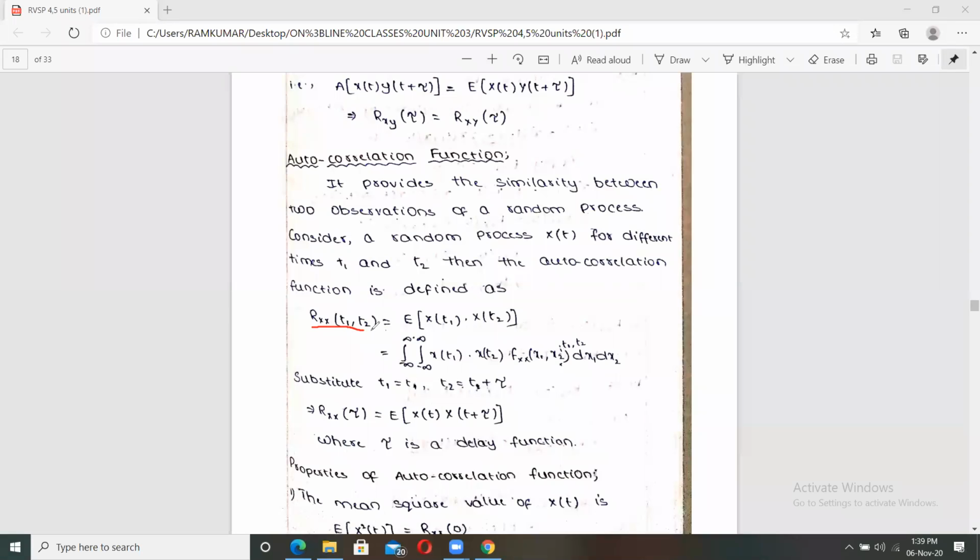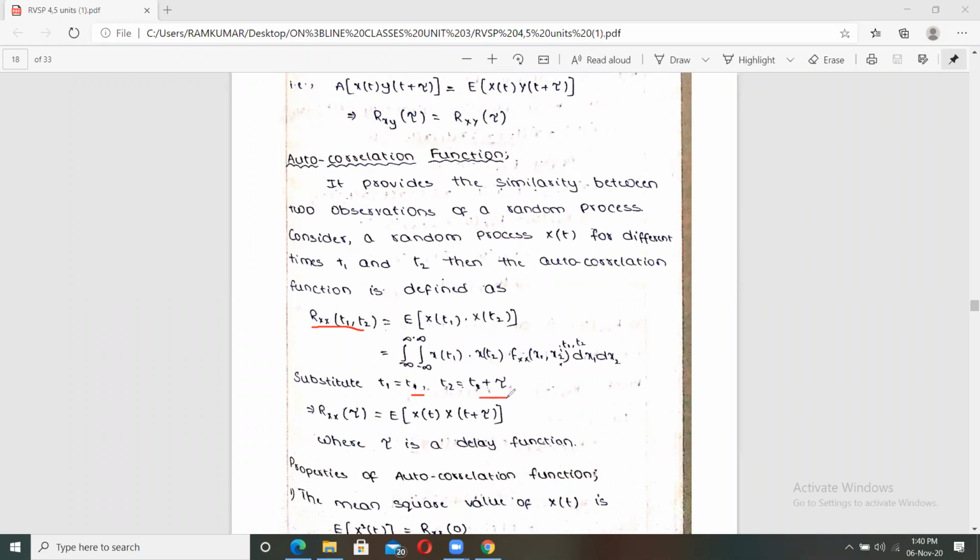This is the formula for autocorrelation function R suffix double x of t1 comma t2, or we can take t and t plus tau here.